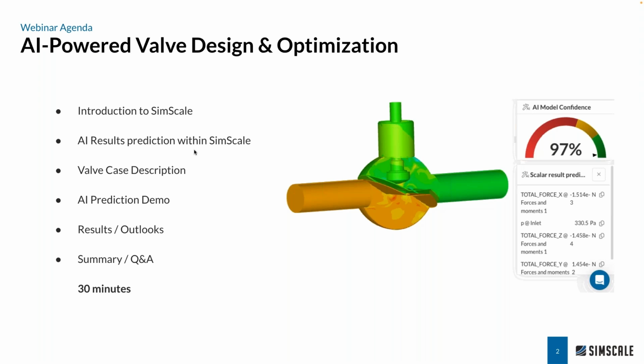We'll do the demo on the platform so you can see how SimScale works in real time and how we can access the cloud native simulation platform and make use of these simulations for your design study. And finally, we also look into some results and where these AI predictions can be used later down the line as well.